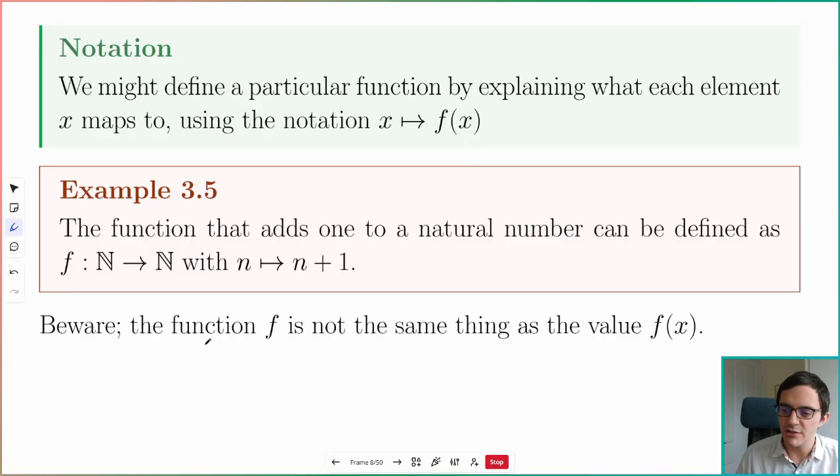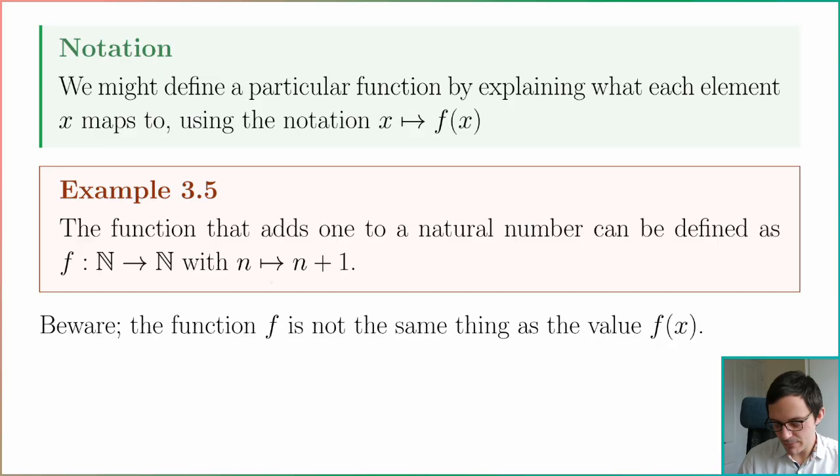I want you to notice that I'm describing the function from naturals to naturals with n maps to n plus 1. So I'm being pedantic here, I know, but it's this shape of arrow for the explanation of what the domain and the codomain are, and it's this sort of arrow for what's happening to the elements inside the domain and the codomain.